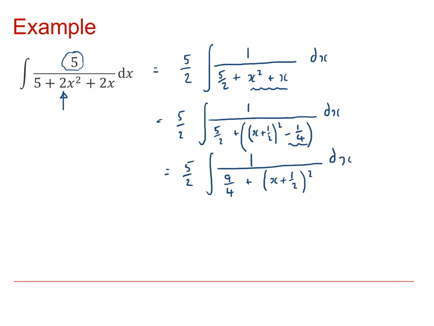So now this looks very much like the denominator that we want, which is a squared plus something squared. It's going to be u squared. So we're going to have a substitution to make for x plus 1/2, and a will be equal to 3 over 2.